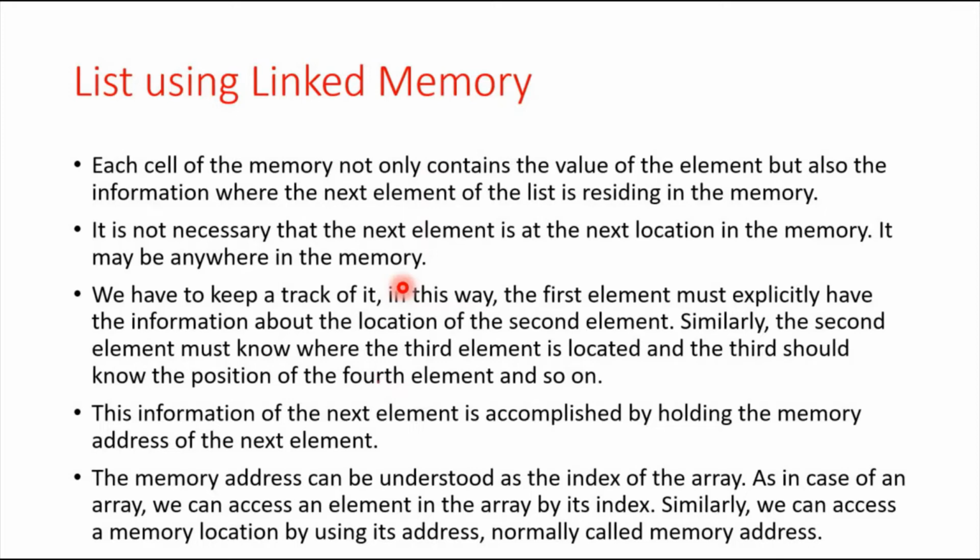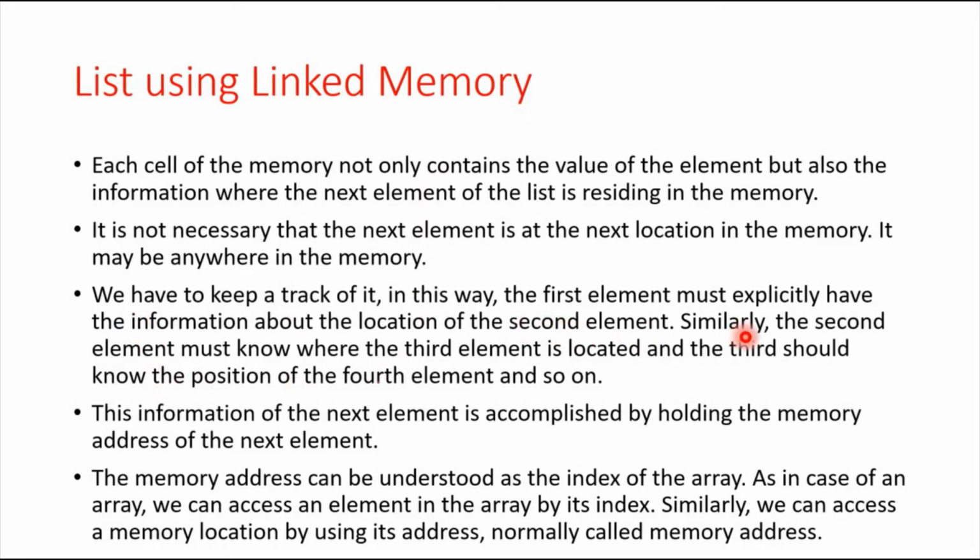In an array we were modifying the indexes and we could access each element one by one. It is not necessary that the next element is at the next location in the memory. It may be anywhere in the memory. Okay, we have to keep track of it.